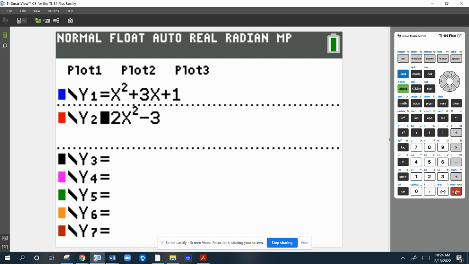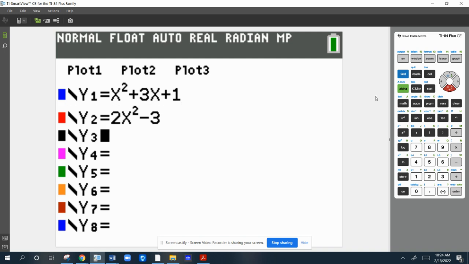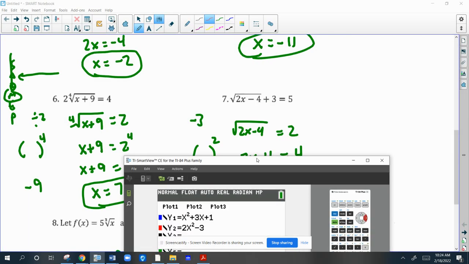And I'm going to type number 7 into this Y3. So number 7 was this. When you type it into your calculator, remember you have to set it equal to 0. So I'm going to type in the root of 2x minus 4 plus 3 and then minus 5.